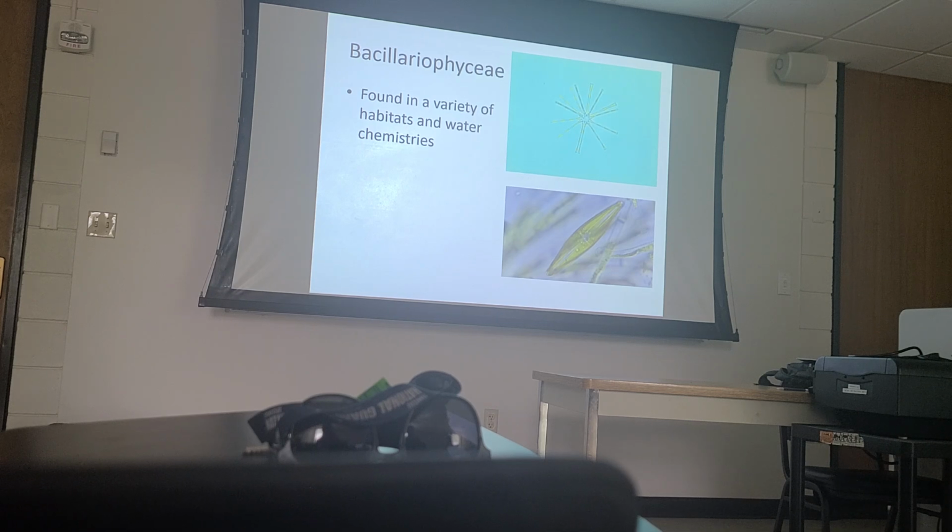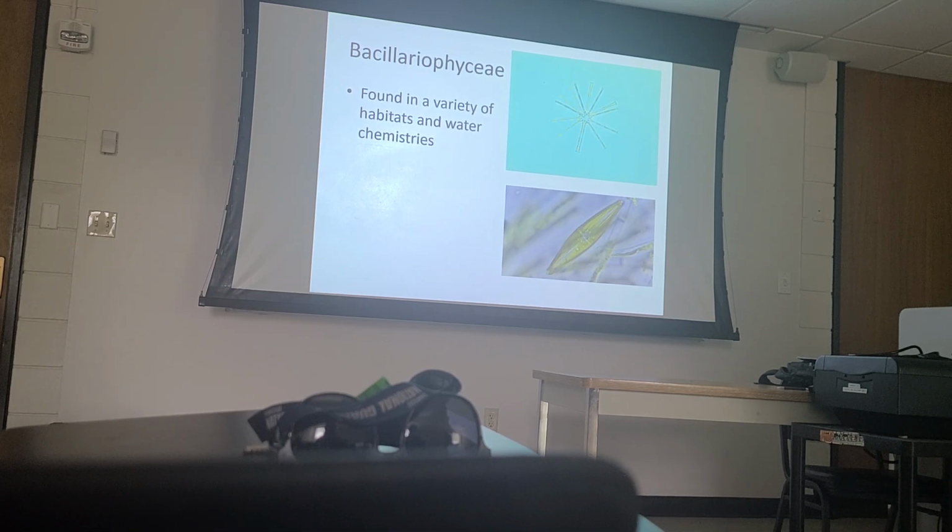What else? We can find diatoms in all different kinds of water, all those microhabitats we mentioned, different types of water chemistry, different pH levels, different nutrient levels, but you just might find different species with different water chemistries.